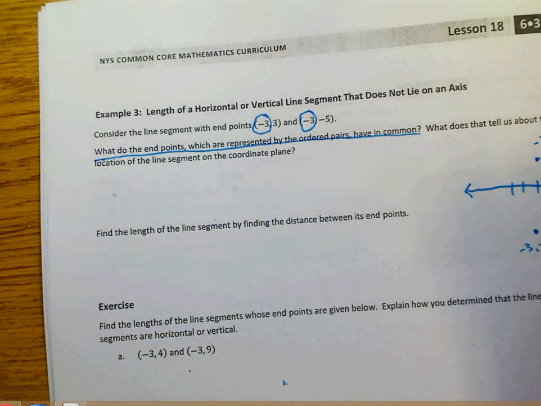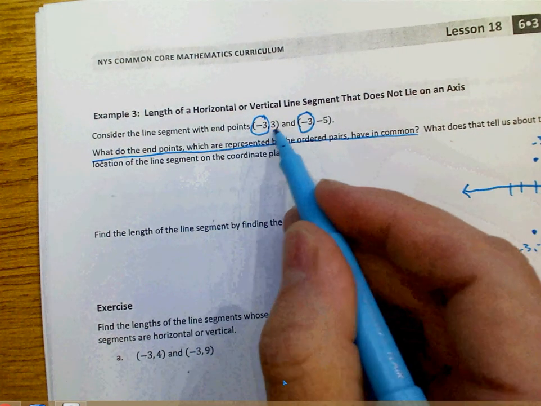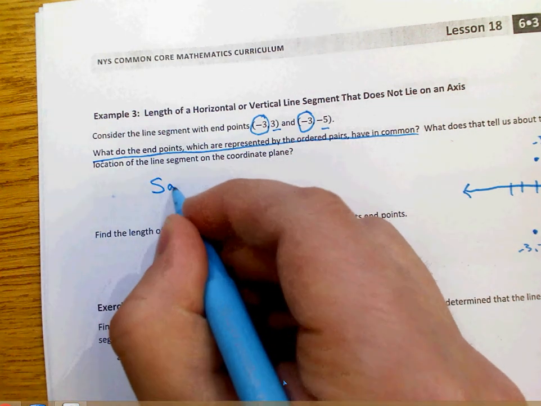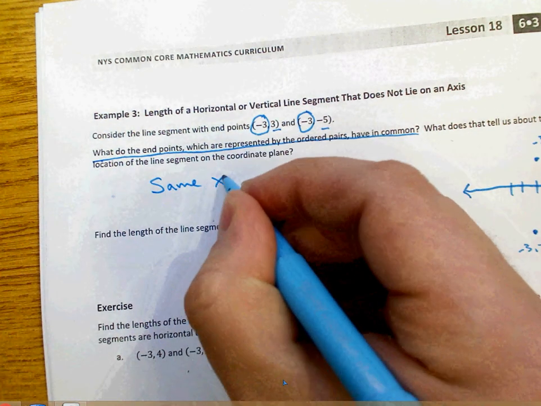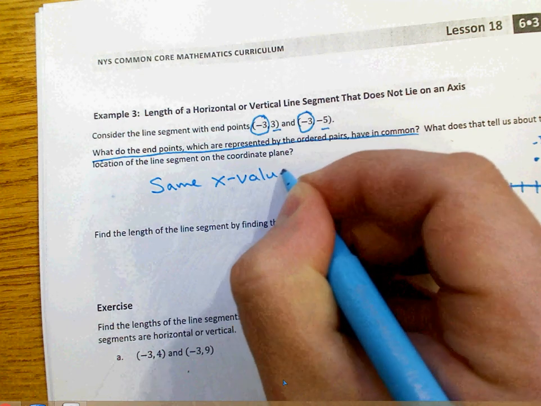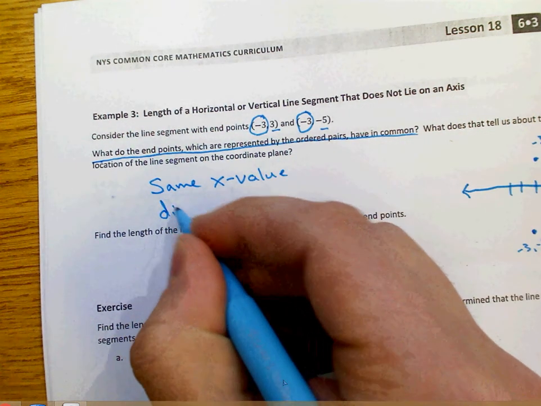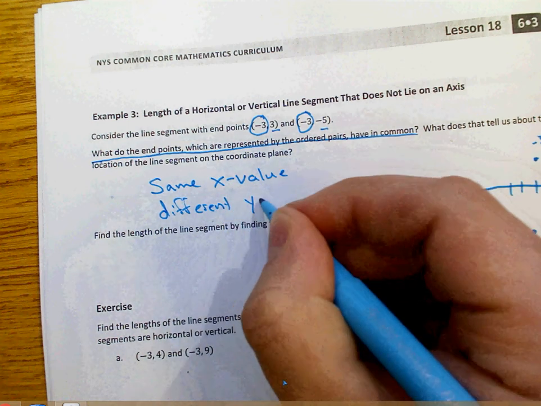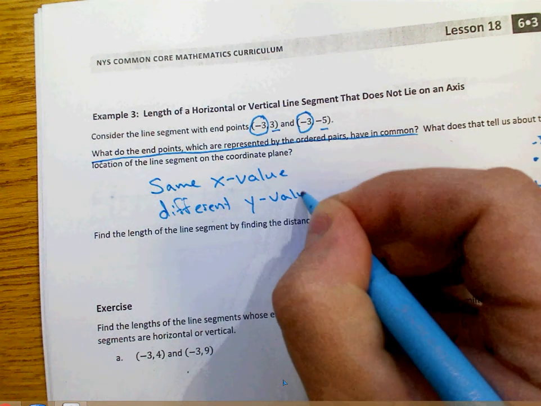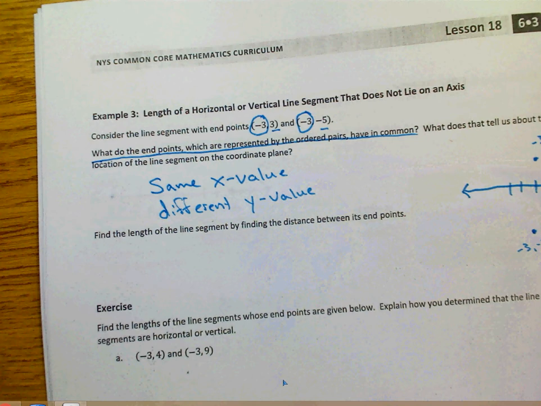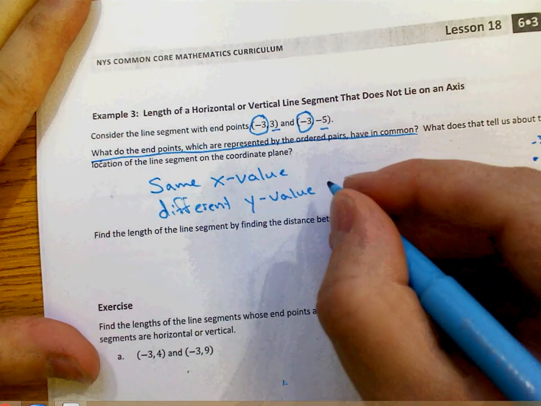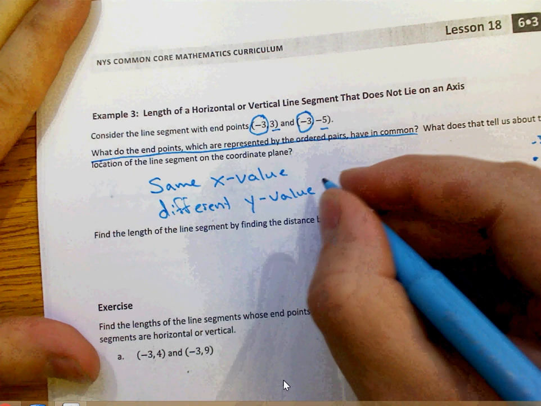So when we're looking at this, we notice that they have different y values, same x value, different y values, and that the y values are opposite.